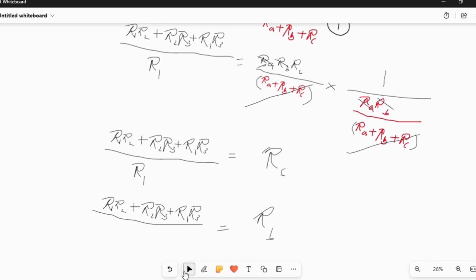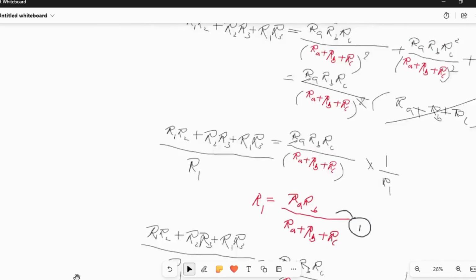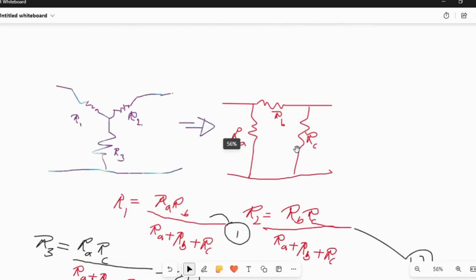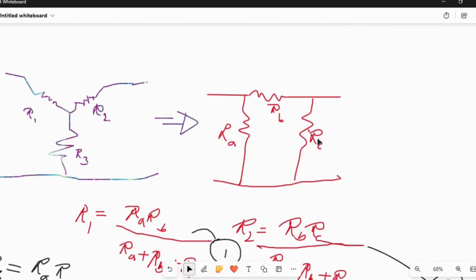So now let's see the pattern of doing it. To find RC, we take the product sum, which is always a constant in a certain circuit, and divide that by R1.